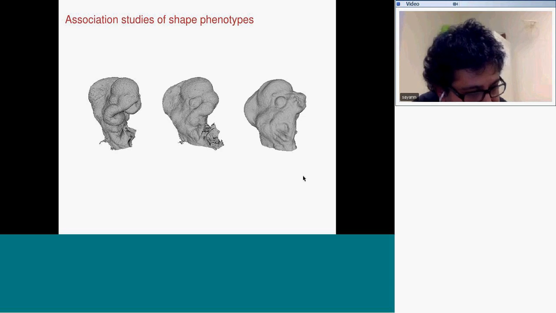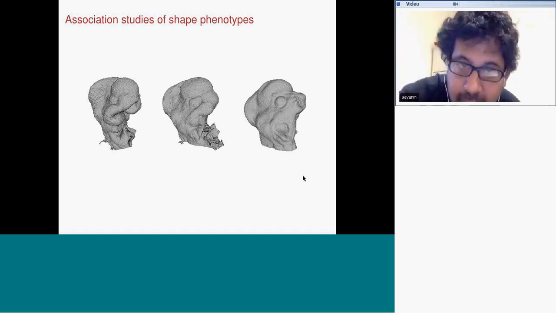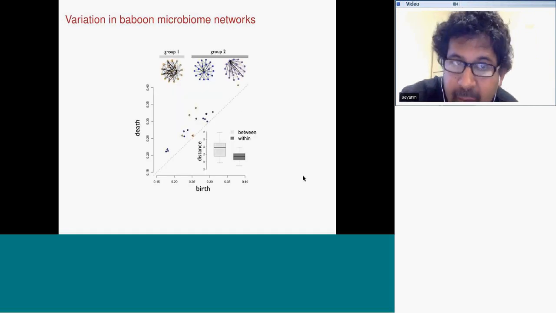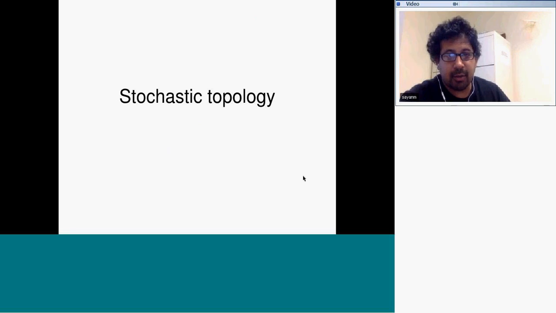If I give you these images and the phenotype data from these fish, can you tell me which loci are most explaining the variation there? So doing association studies. We're very interested in things like that. And another example of this is trying to model variation in the microbiome networks of these baboons, which I alluded to earlier. So that's another area where we're trying to use this.